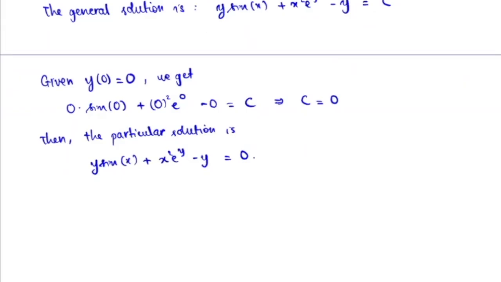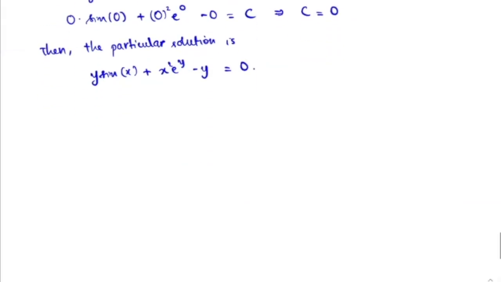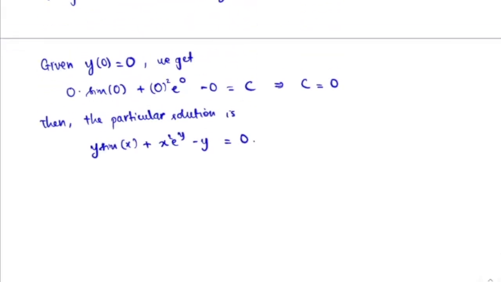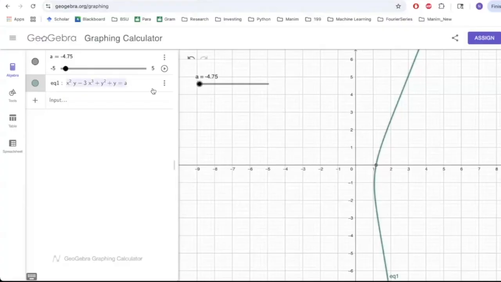So let me again plot these curves in GeoGebra, the website that we use to visualize the direction field and the solution curve, and see what we get. The solution that we have is y times sine of x plus x squared times e to the y minus y equal to a constant.